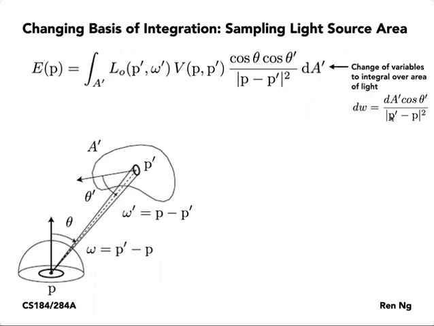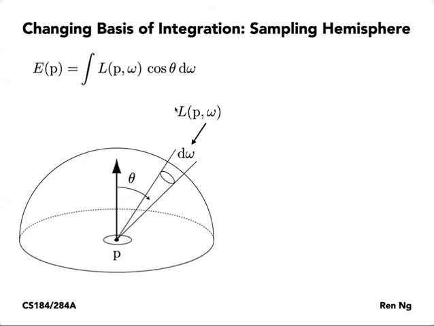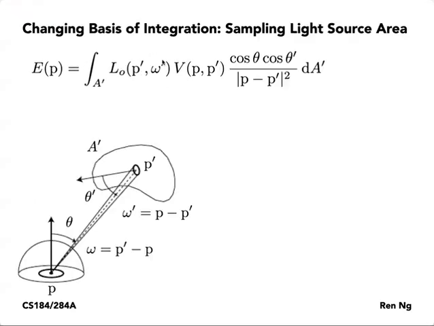So dA prime needs to be divided by the square of the distance between P prime and P. That's why there's this term over here as well. Changing from d omega to dA prime, therefore, ends up with this term here, cosine theta prime over the norm of P minus P prime, all squared. Cosine theta just comes from the cosine theta in the original definition. Okay, that's the Lambert's law term.